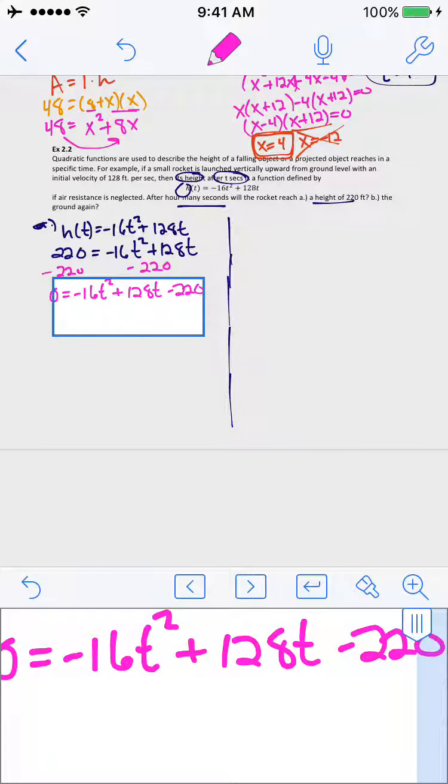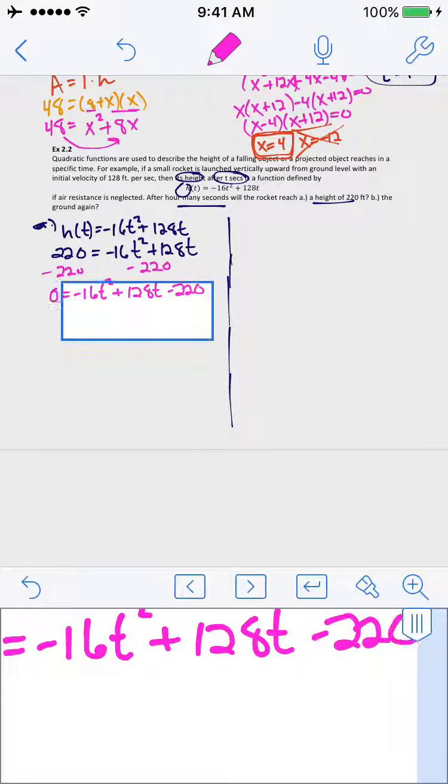Alrighty. Now we could go ahead with general trinomials, in which case we would be trying to find something that multiplies to 3,520 and adds to 128, but that's bonkers. Let's not do that. Let's remember the first step in factoring. Let's do GCF. So what do they have in common?